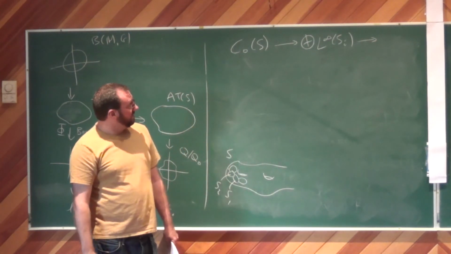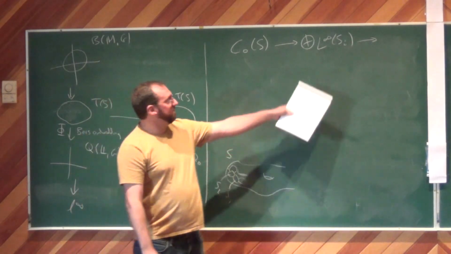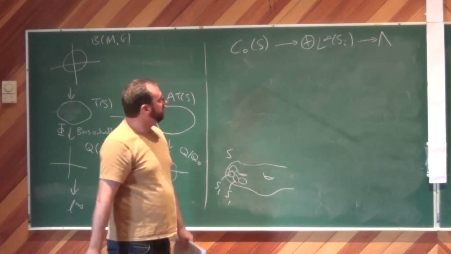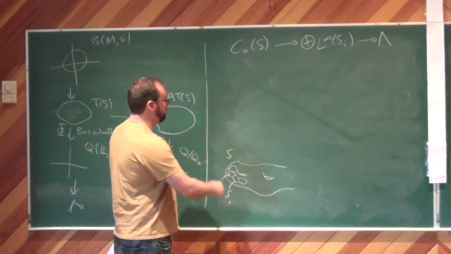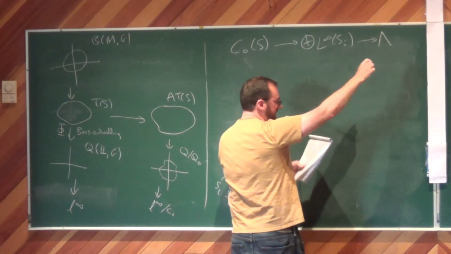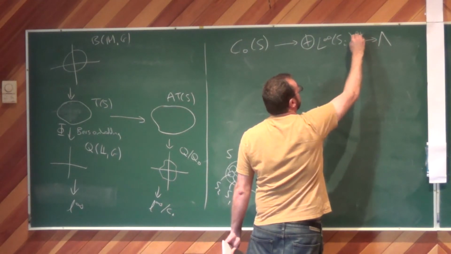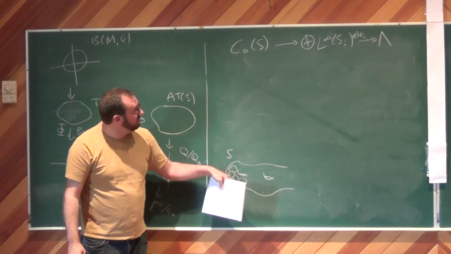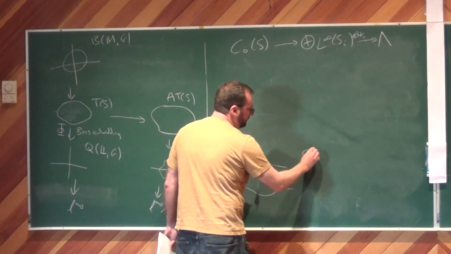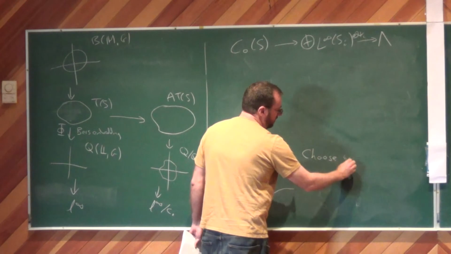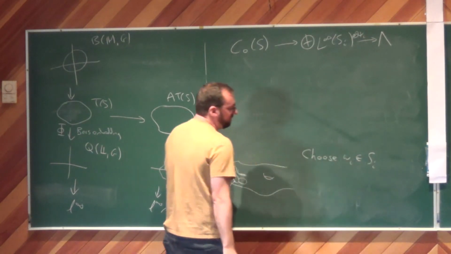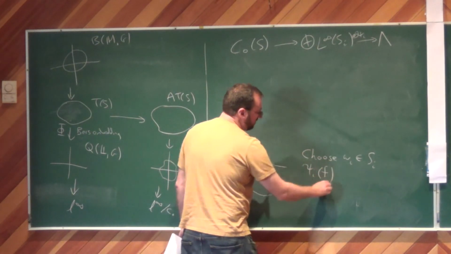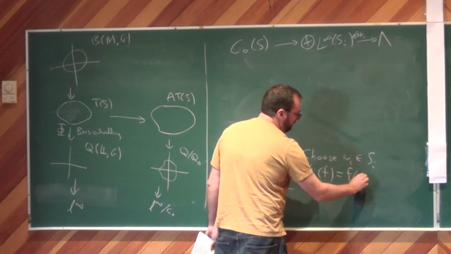Then we want to construct a certain map that goes from here to some space lambda. What is this map? Well, it acts on each one of these little pieces of S. You choose some point w_i in S_i, and then psi_i of f is just point evaluation.